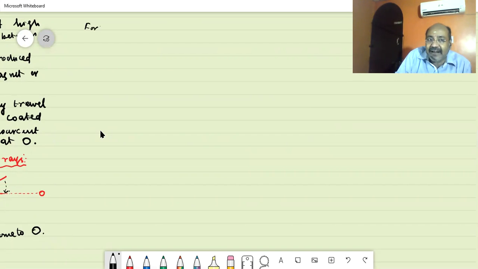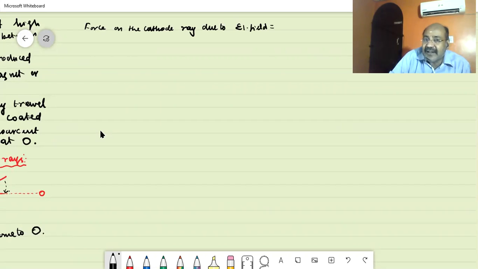Force on the cathode ray due to electric field, let us consider it as F, is equal to E into Q. Instead of Q, we have the charge of the electron, e.